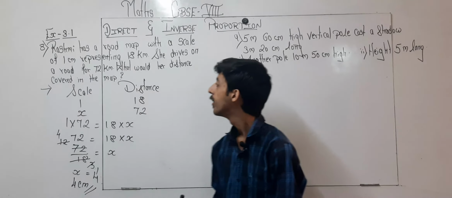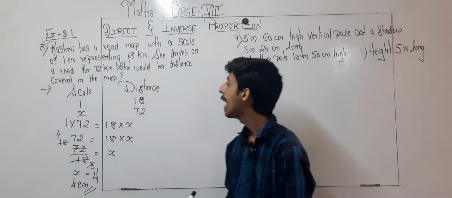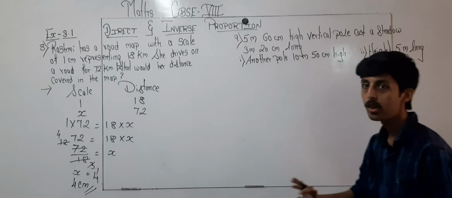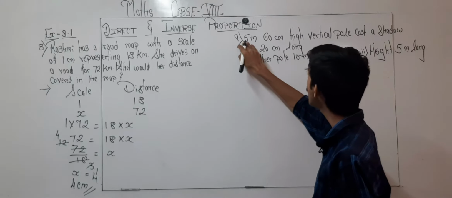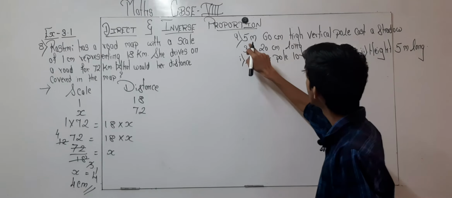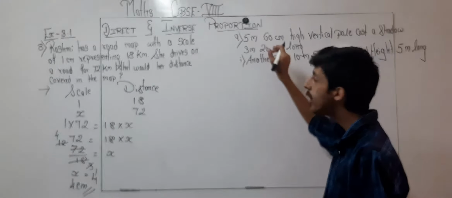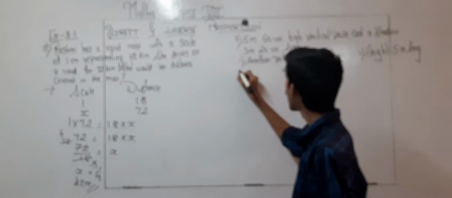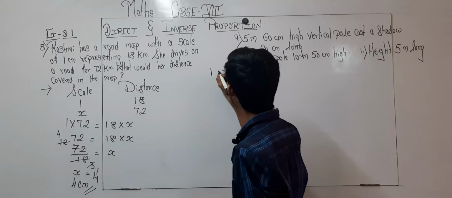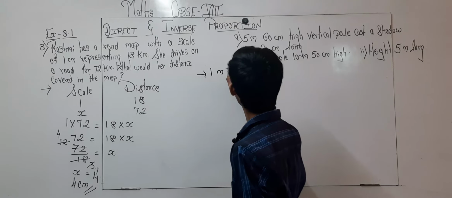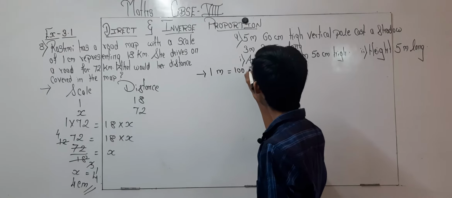Okay. Now moving on to our next question. A vertical pole of height 5 meter 60 centimeter casts a shadow of 3 meter 20 centimeter long. First convert the meters and centimeters into centimeters, as 1 meter is equal to 100 centimeters.